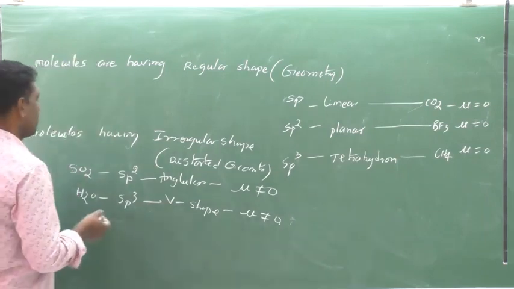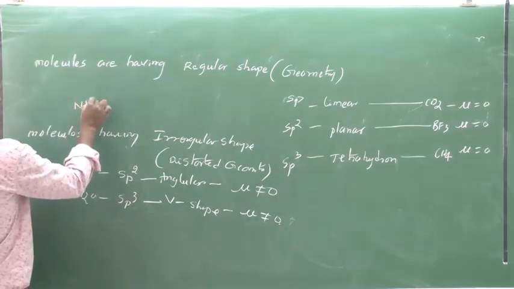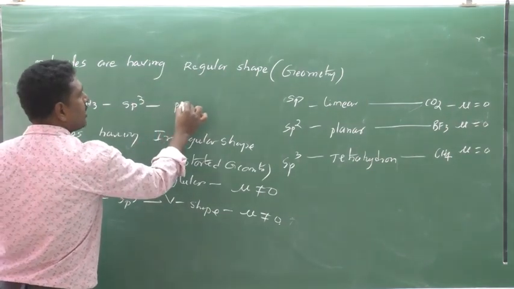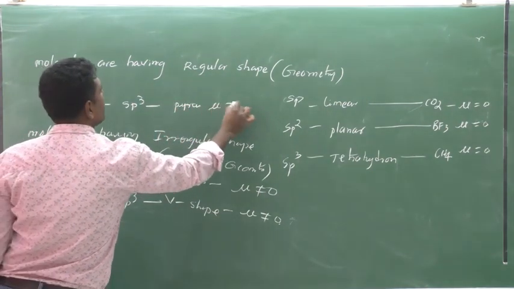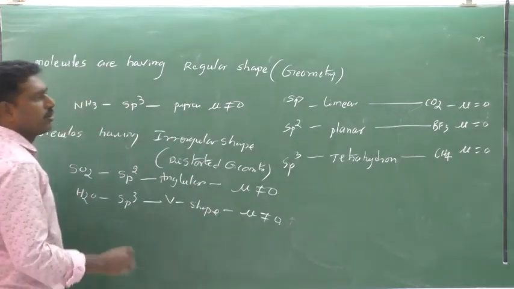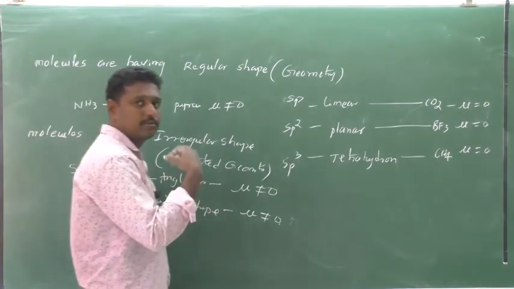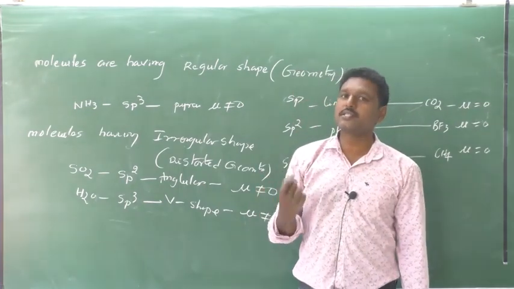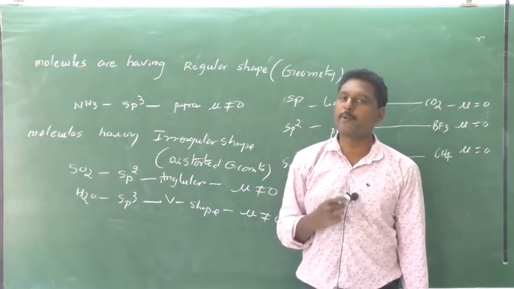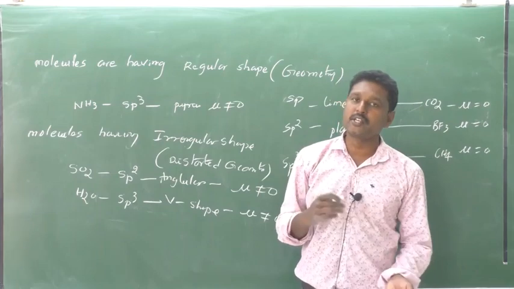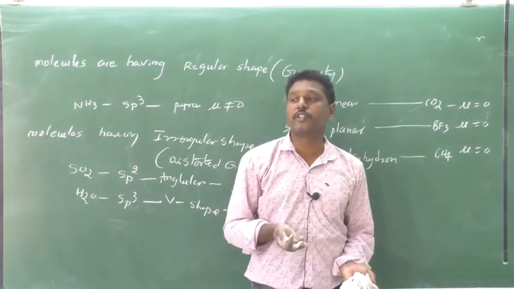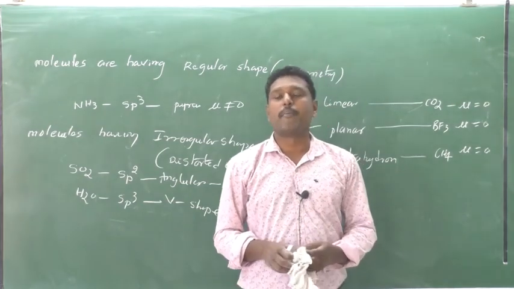Ammonia also: the actual hybridization is sp3, but the shape is not tetrahedron, it is pyramidal. Therefore, mu is not equal to 0. They have dipole moment. So this is about dipole moment and its applications. It is also useful for the geometry and the hybridization of the molecules.